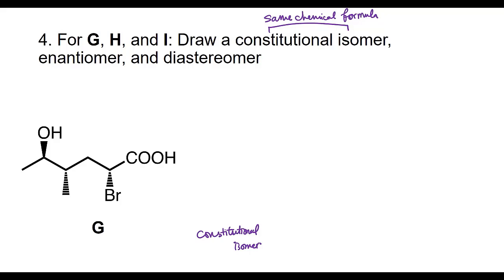So you see how something can be one thing but also the other thing? Think of it as a Venn diagram. I have a giant circle and it's constitutional.